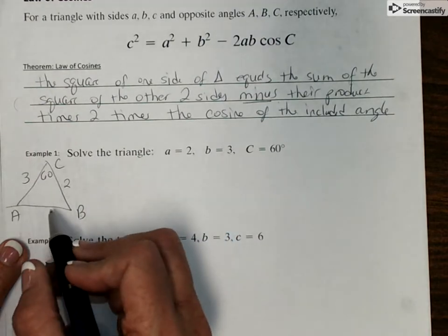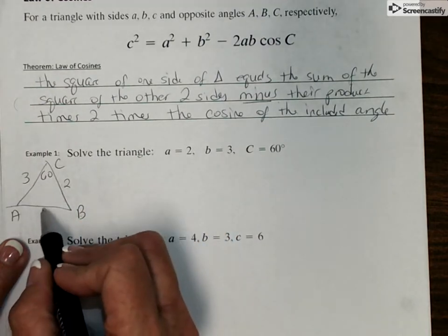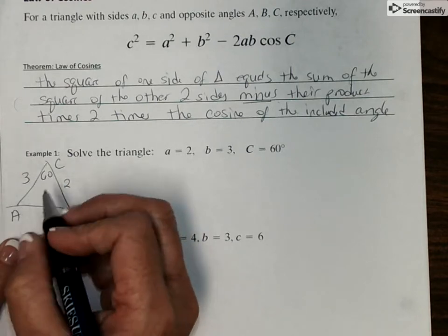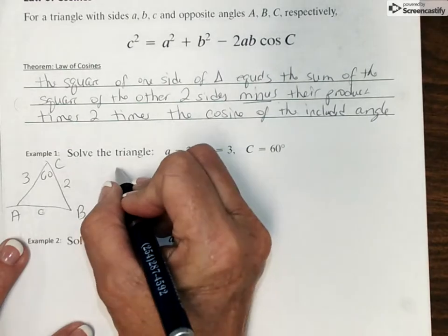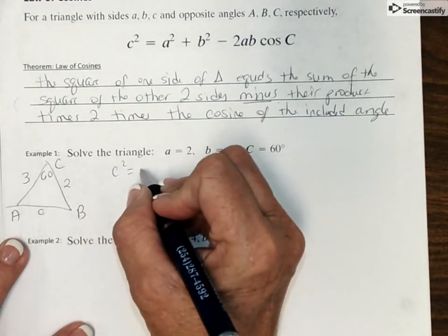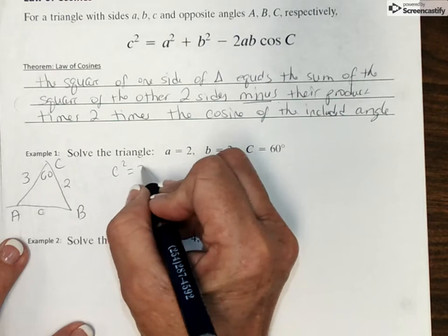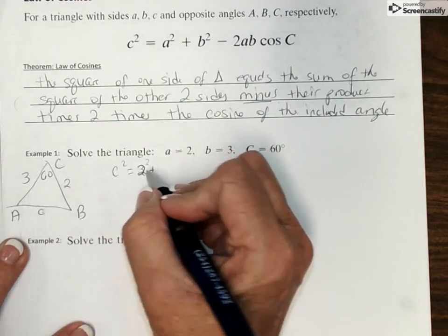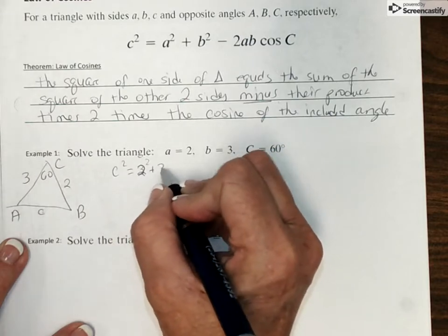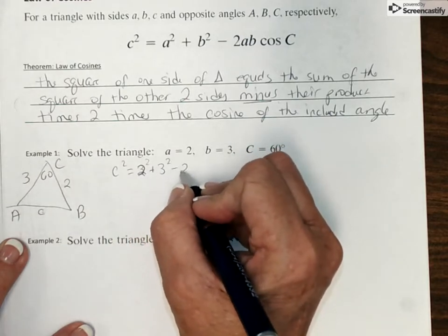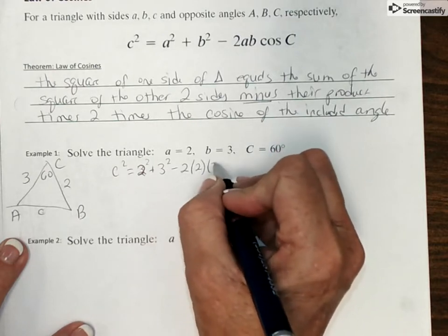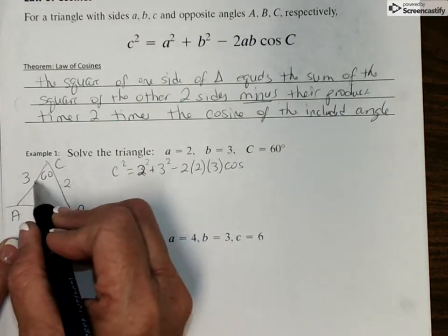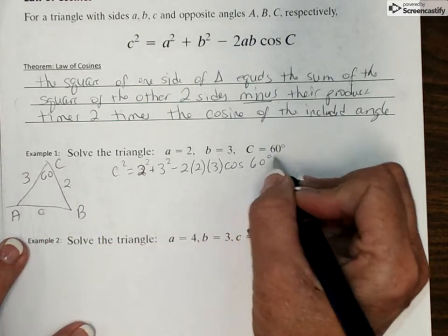To solve for the side, I have to have these two sides and the included angle, and I'm going to look for side C in this case. So c squared equals a squared, 2 squared, plus b squared, which is 3 squared, minus 2 times a times b times the cosine of the angle between these two, so 60 degrees.